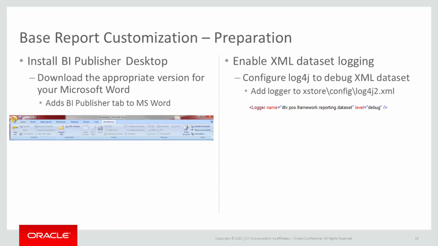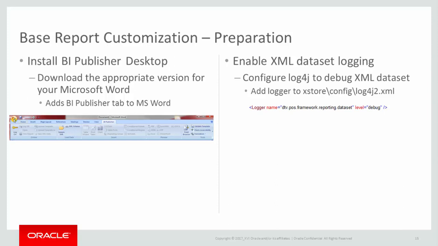Prior to customizing reports, developers should download and install the BI Publisher Desktop software. The installation of BI Publisher Desktop is straightforward. Once installed, Microsoft Word will display a new tab labeled BI Publisher. In addition, a dataset debug logger should be configured so generated datasets can be captured in the XStore log.